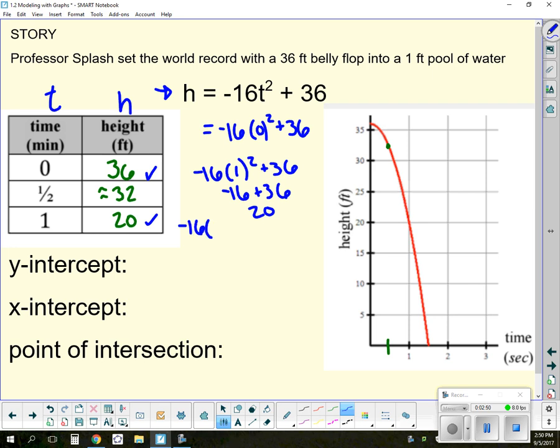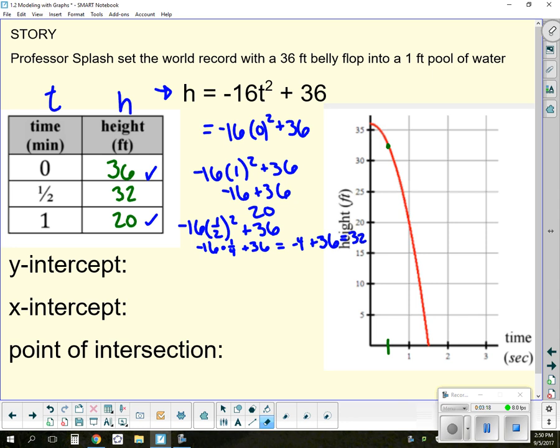We have negative 16 times 1/2 squared plus 36. Excuse me, 1/2 squared is 1/4. Negative 16 times 1/4 is negative 4 plus 36. Oh, we actually did get it. It is 32.